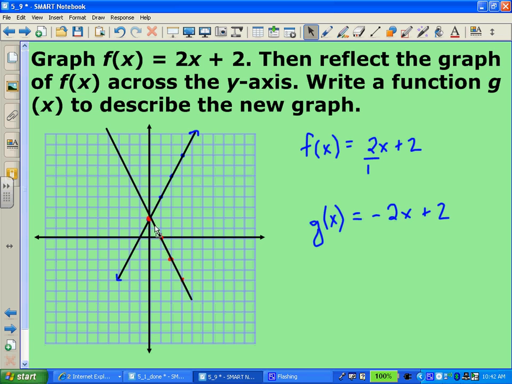It's a mirror image of my other line. And its equation would be g of x equals -2x plus 2. Notice here I didn't have to describe anything, I just had to write the new function, and I did that as I showed my work here. Here's my new function. So that's how I would do a reflection.